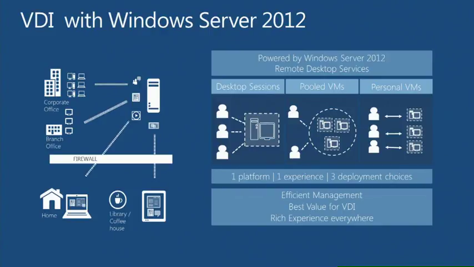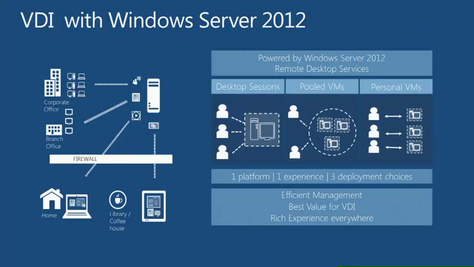We are offering a single unified, integrated infrastructure, and a single high-fidelity user experience, while giving you the choice of 3 different deployments. What are these 3 deployments? Well, sessions. This is RDSH, RD Session Host servers configured in a farm, with multiple users connecting to each server. So it's inherently a many-to-one type of environment.